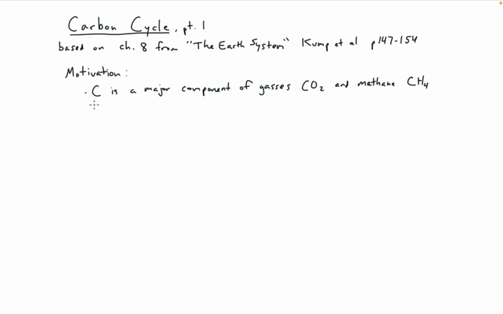And another motivation is that carbon is a good example of many other Earth systems. So the carbon cycle is a good example of an Earth system.